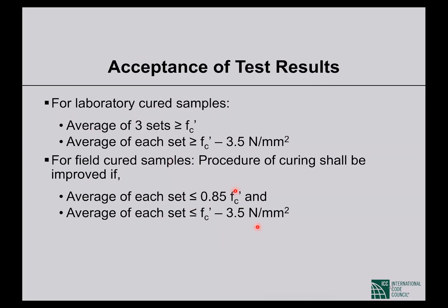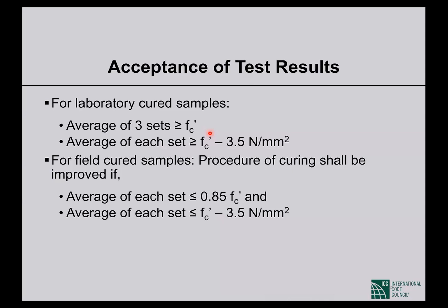And this is another quite frequently asked question: if the test result is less than the design strength, should we demolish the structure? What is the acceptance criteria? For samples which are cured in the lab, you have to understand, you collect the cylinder in the field and send it to the lab.